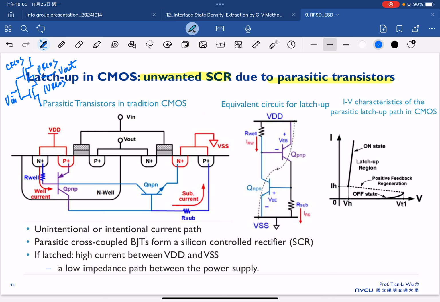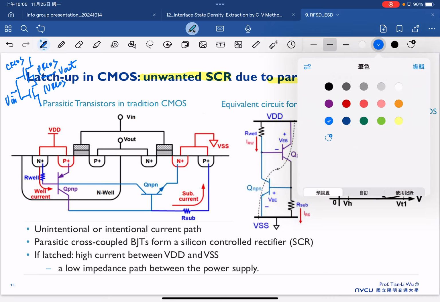But unfortunately, inside the CMOS, although at the circuit level it's very simple, if you look at the full device schematic, here we have the P-type substrate, and then we have the source and drain. This is the N MOSFET.